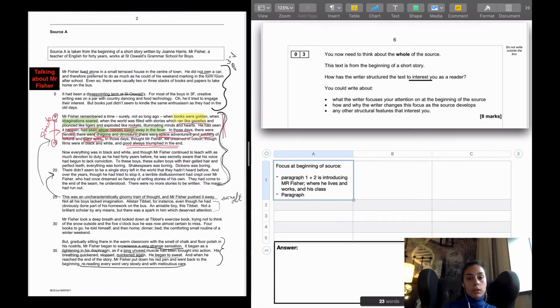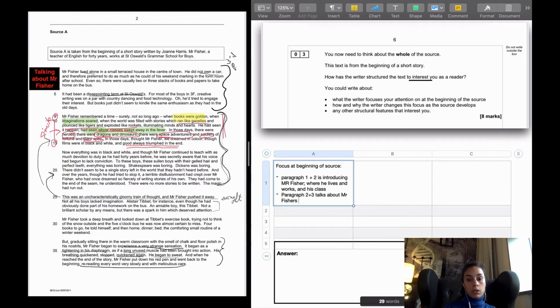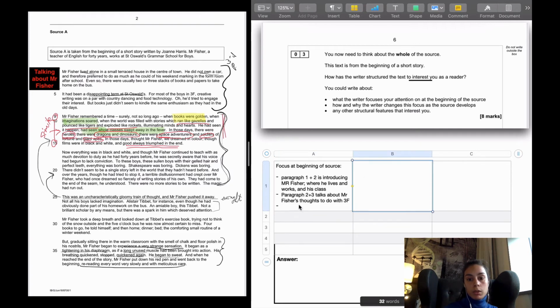Paragraph 2 and 3 talks about Mr. Fisher's thoughts to do with 3F. And remember to have correct punctuation in your exam because you get marked on it. And you can use quotes. Let's look at some quotes.